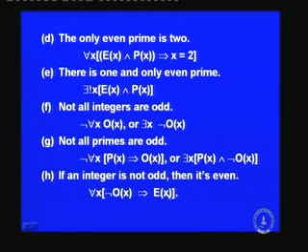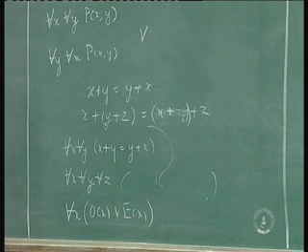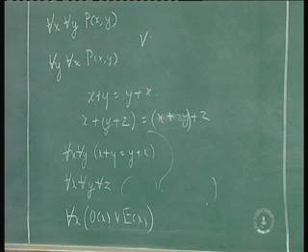Of course, if you expand this using the rule that P implies Q can be written in the form not P or Q, it will become for all x, o of x or e of x. So, every integer is either even or odd, that is what it means.